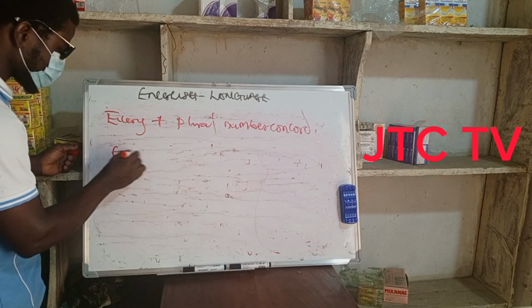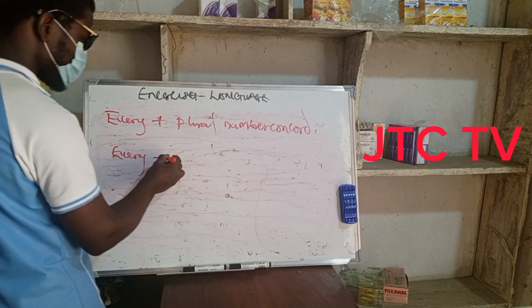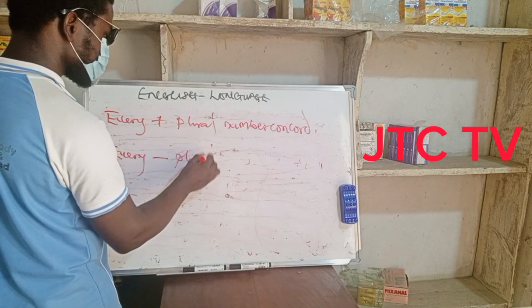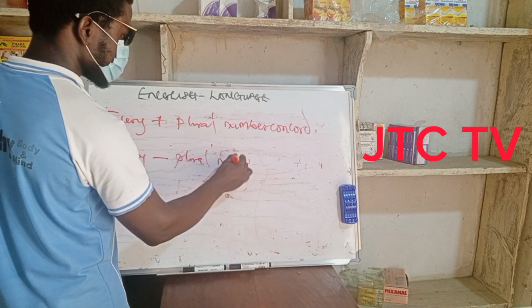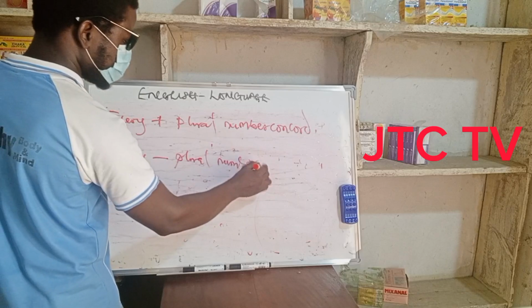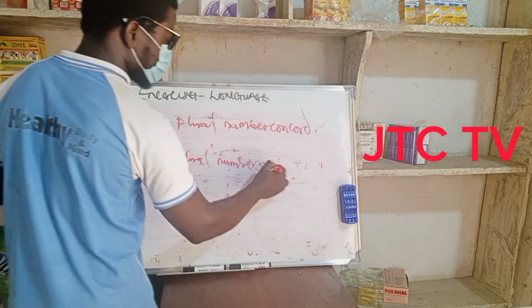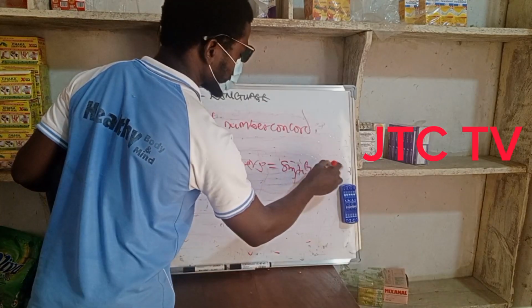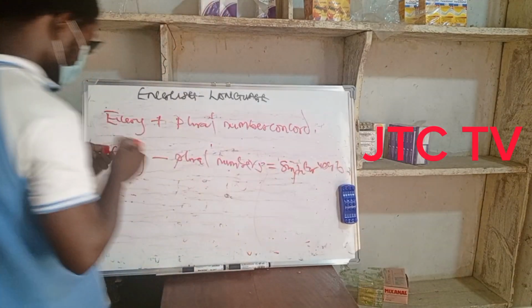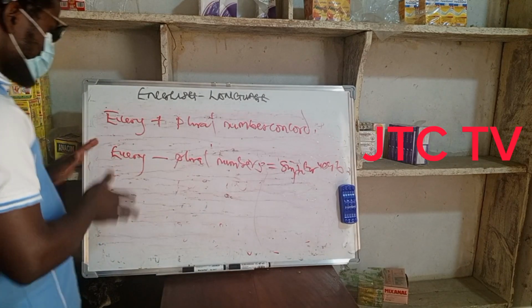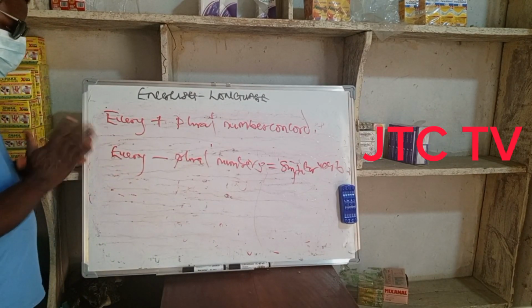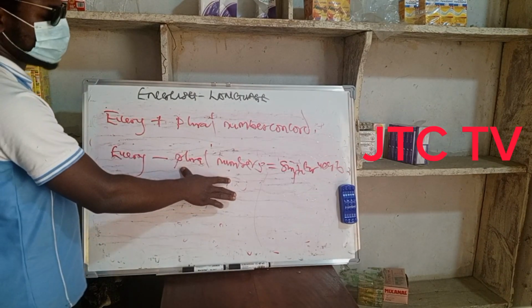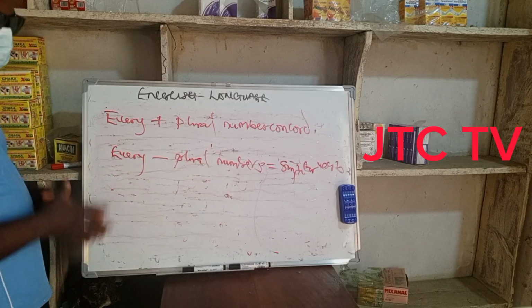Okay, so look at this. Every minus plural number is equal to a singular verb. What do I mean by this? Whenever every is on its own without a plural number, the verb to be used is what? Singular.